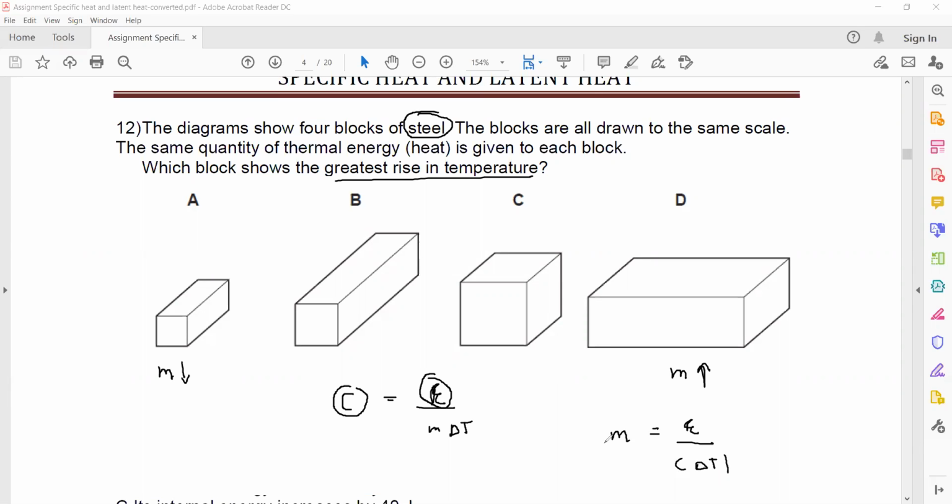So the object with the smaller mass will show a greater change in temperature. Which object will show the greater change? A will.